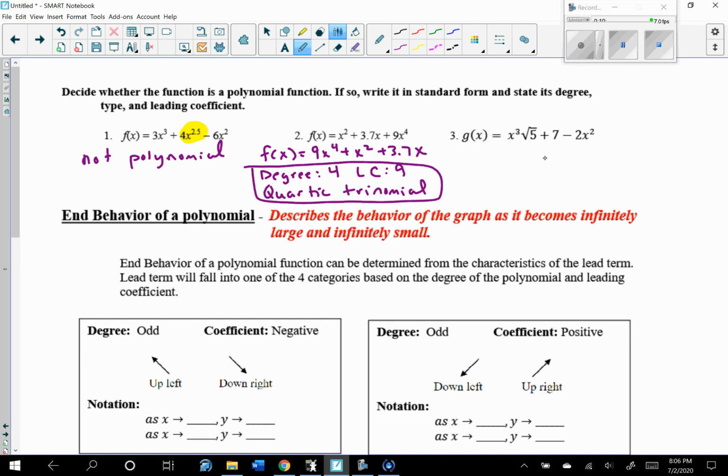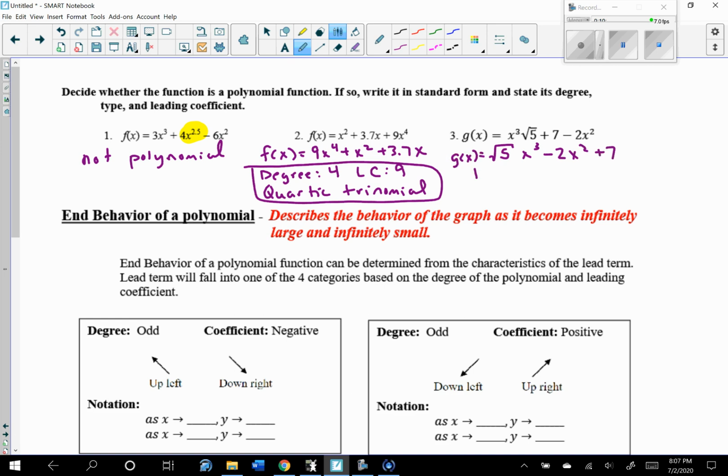And so for this, we can rewrite this in standard form. This is degree 3, degree 0, and degree 2. If you want to write that square root of 5 in front, you can. If you want to write it like this, just make sure that it looks like the x is not underneath the square root. So minus 2x squared plus 7.